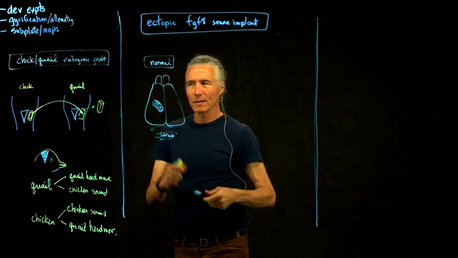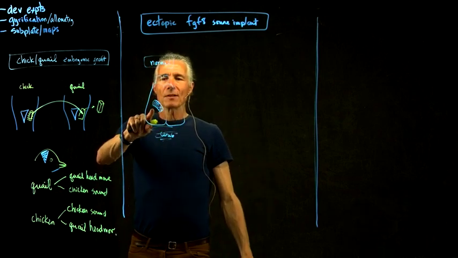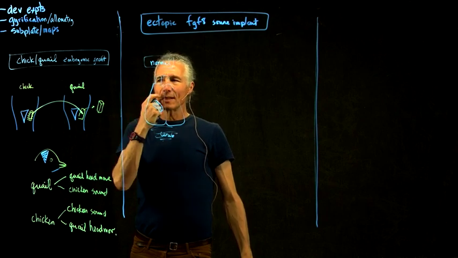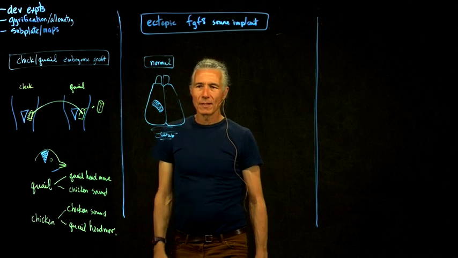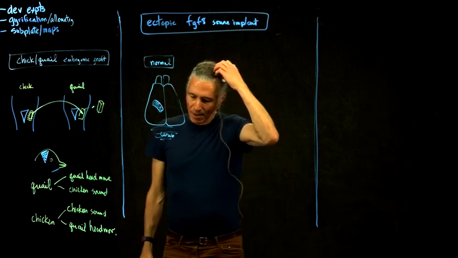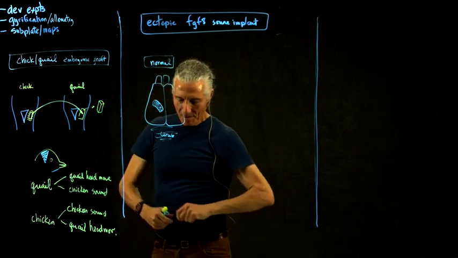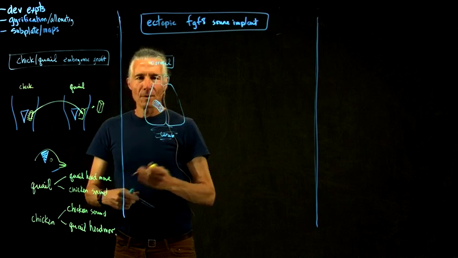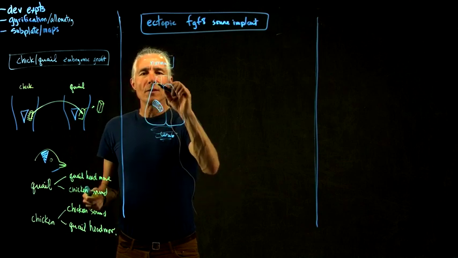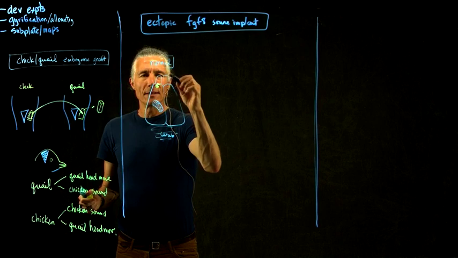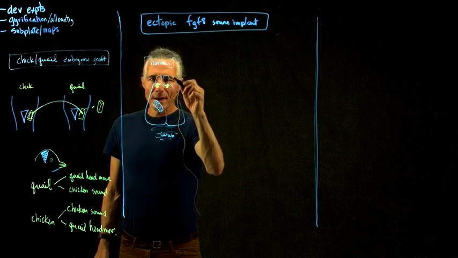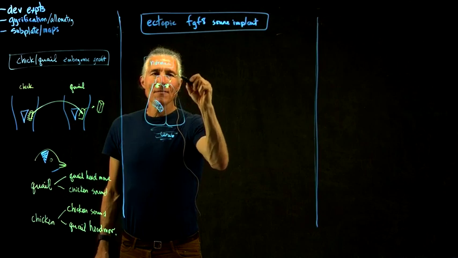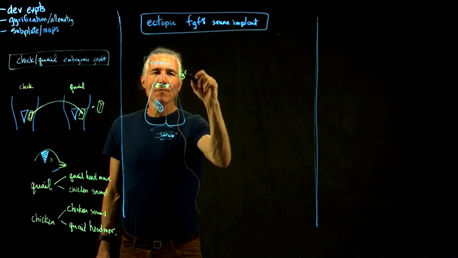There's a very nice picture in the readings that you can look at. So basically each individual whisker has its own little representation in the cortex. So that's what it's supposed to look like in the normal animal. And we know that toward the front of the brain there's a fibroblast growth factor 8.